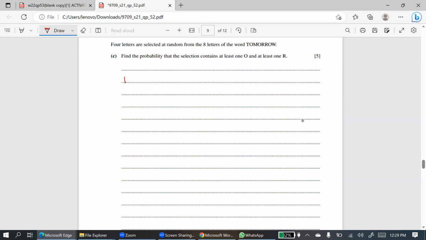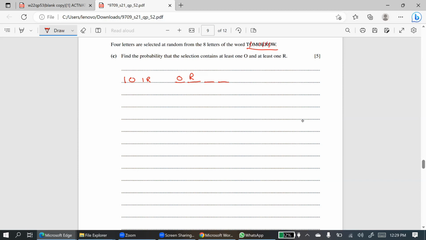1 O and 1 R. Total there should be 4 letters. The total given letters are 8, out of which there are 3 O's and 2 R's.